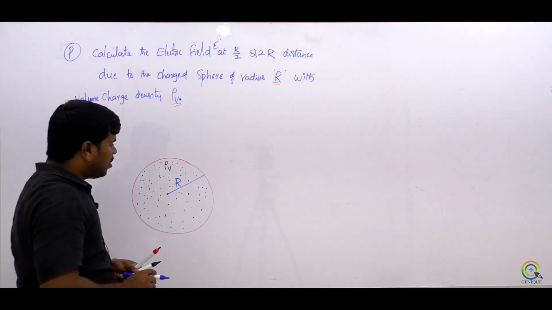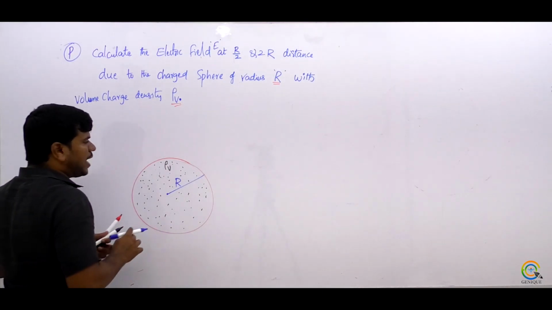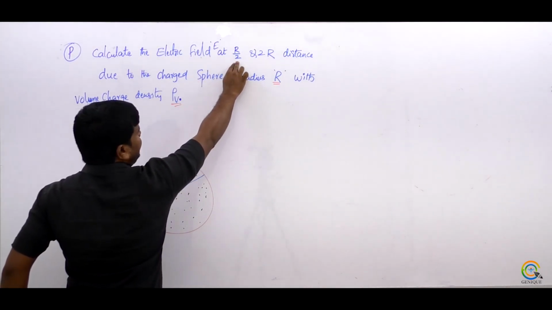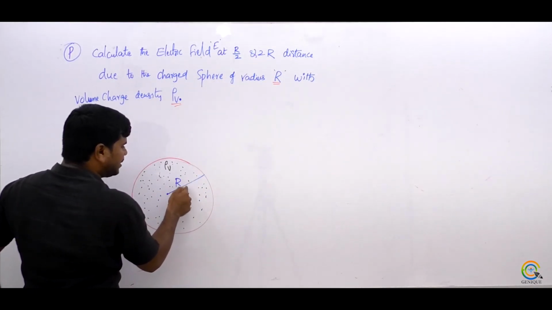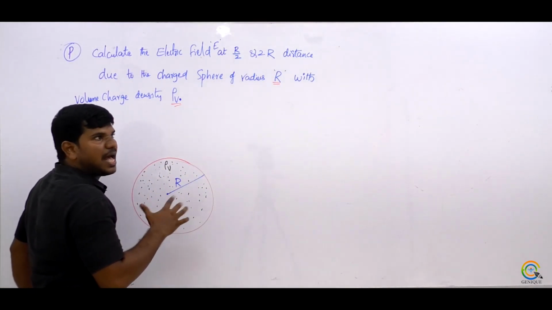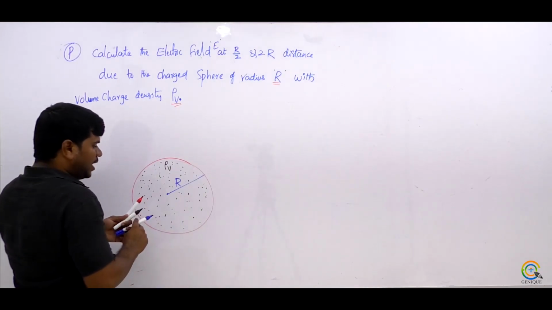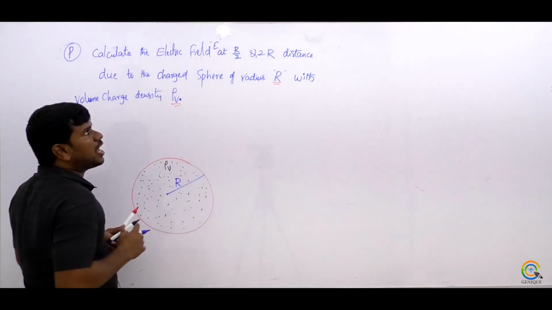Understand? Where you have to find? R by 2 means inside, at mid distance, and 2R means outside. I will give a generalized formula, and after that we will put R by 2 and 2R.